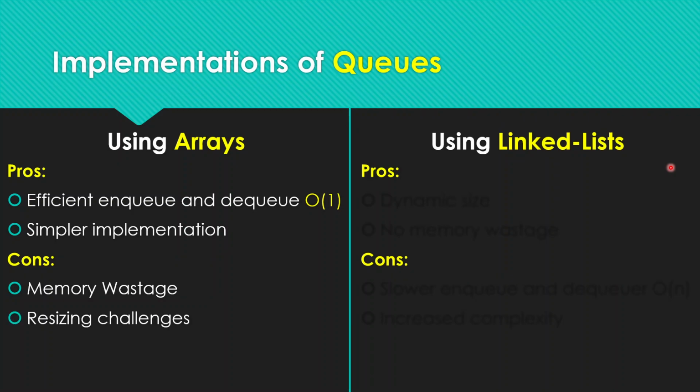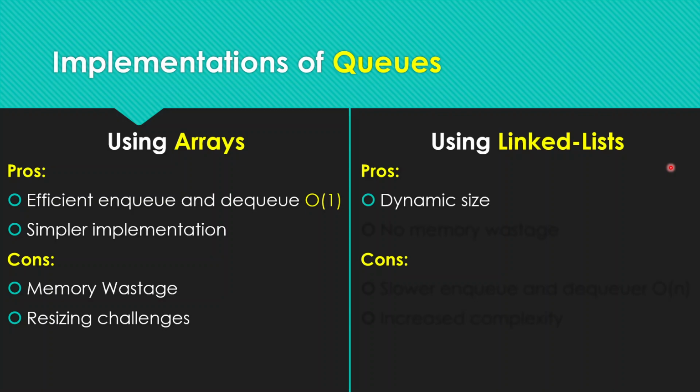So that ends up wasting memory. Also, there's a problem with resizing challenges in case we did not specify the size initially, and we are given, for example, a size of 5, and we need more spaces. So that will implement a very expensive operation, which is resizing.